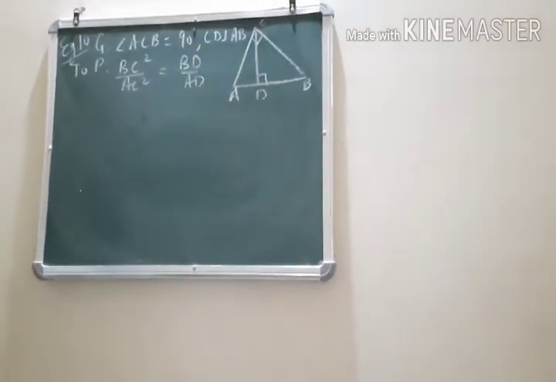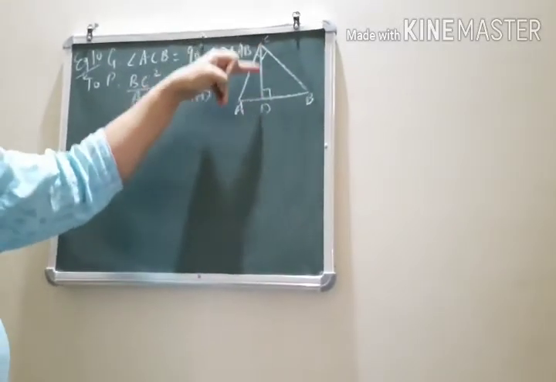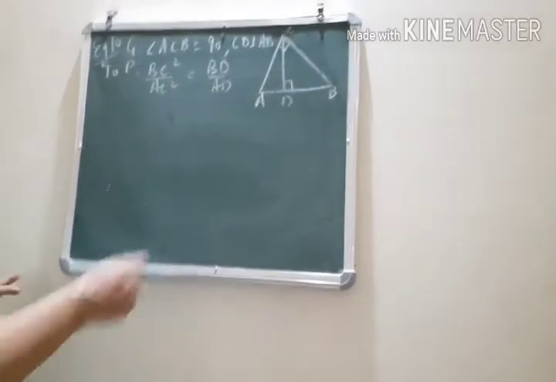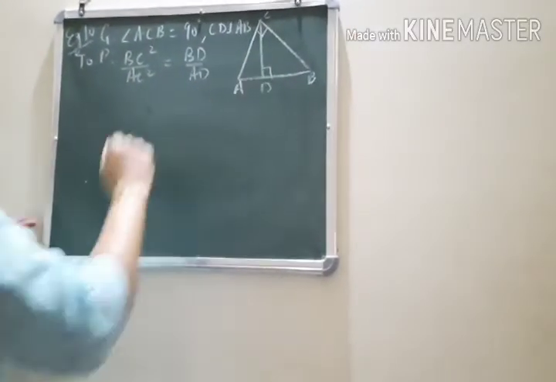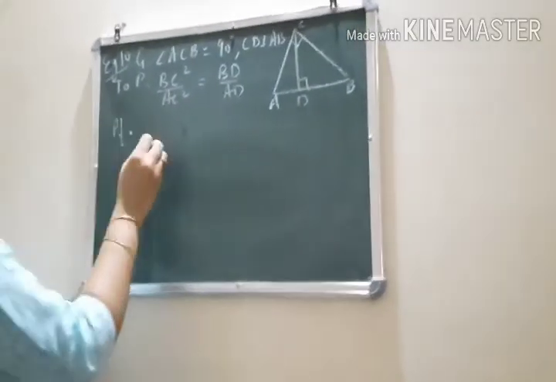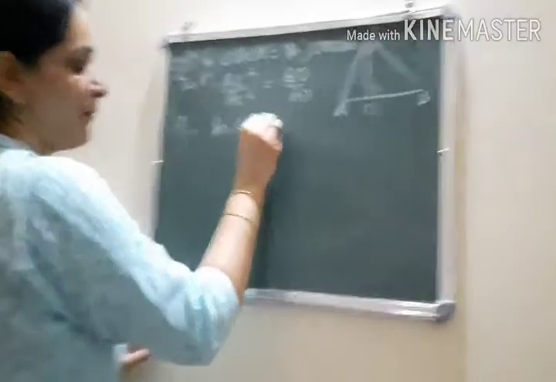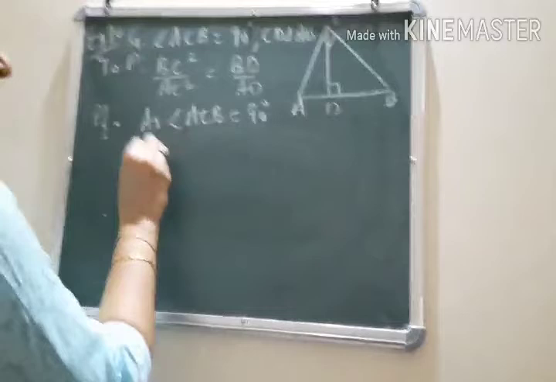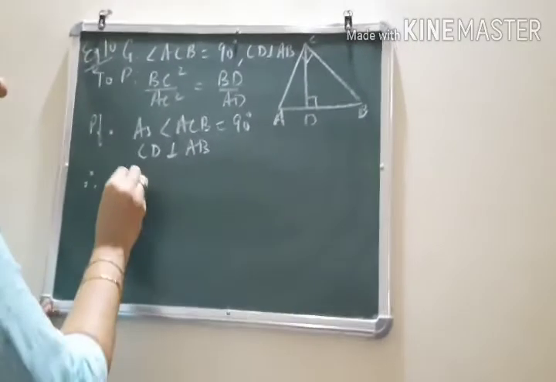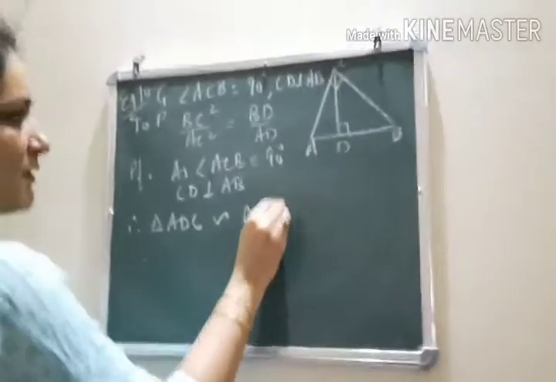Just now we have proved, when we have a 90 degree angle and a perpendicular is drawn from that same 90 degree angle, as we did in the proof of Pythagoras theorem, a small triangle and a big triangle are similar. With that concept we'll use. So we can write that angle ACB is equal to 90 degrees. CD is perpendicular to AB. Therefore, triangle ADC is similar to triangle ACB.